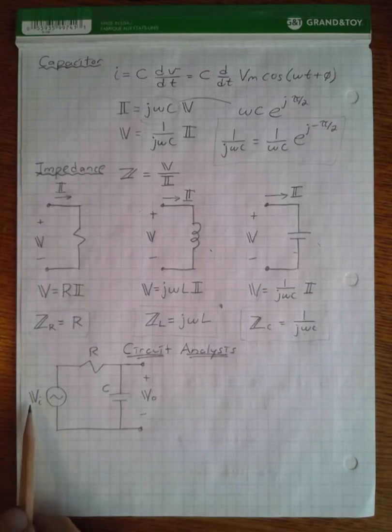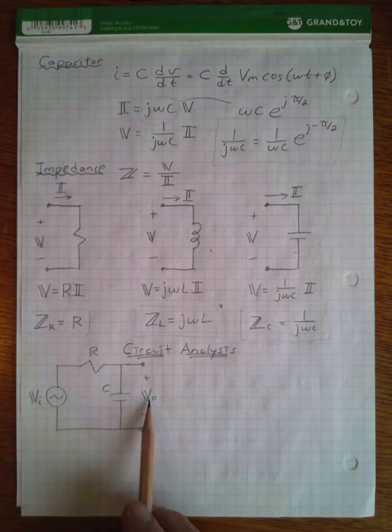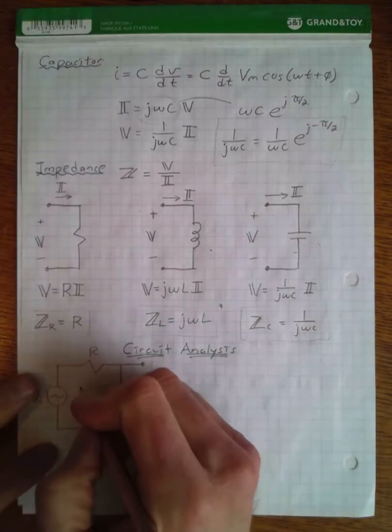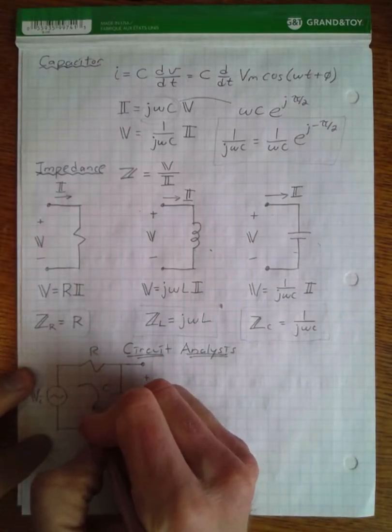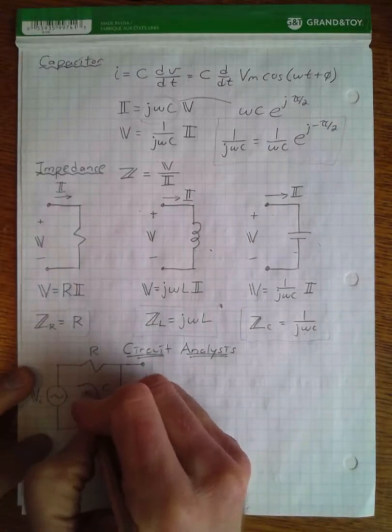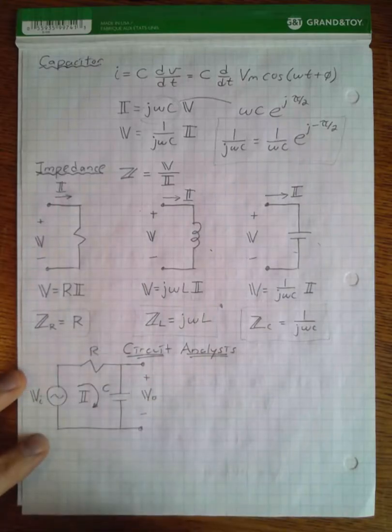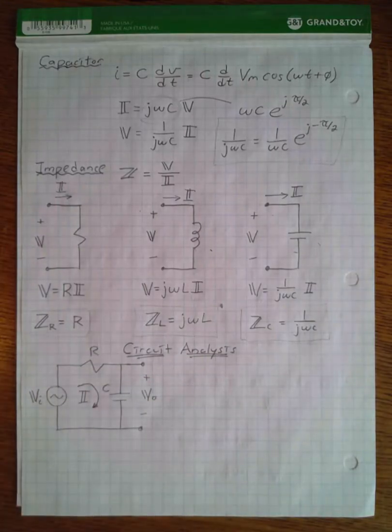We've got some voltage at the input. We're going to define our output voltage as the voltage across the capacitor. And the current flowing around this loop is going to be the phasor I. And we can use exactly the same techniques that we used for resistive circuit analysis.